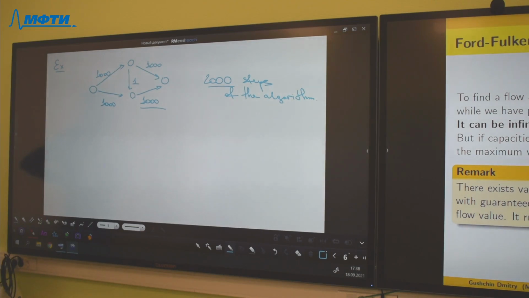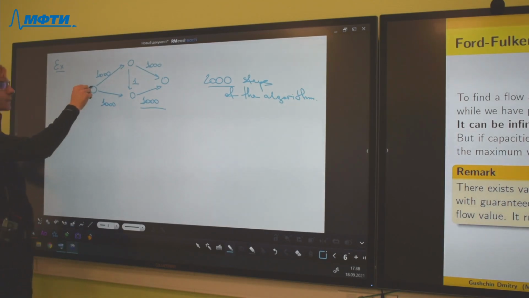Yeah. But if we have a random choice of the augmenting path, we can, for example, choose in each step paths that go through the middle edge.